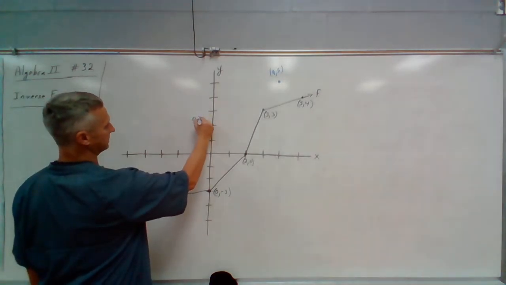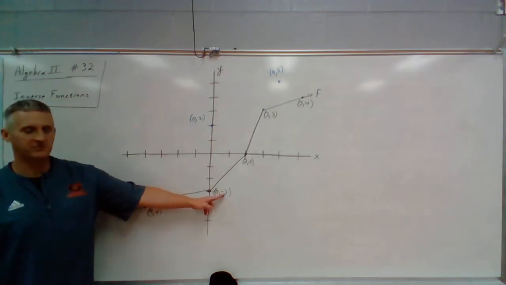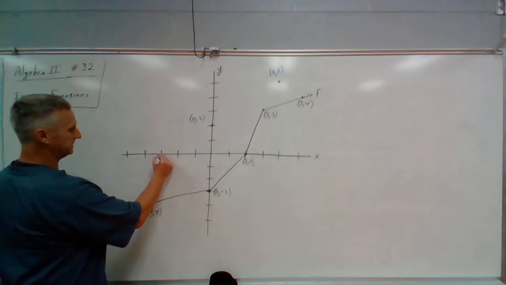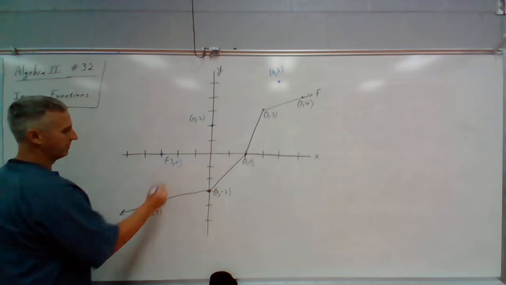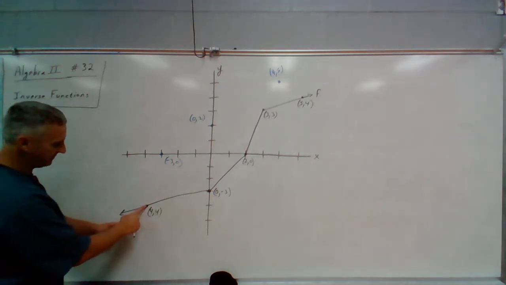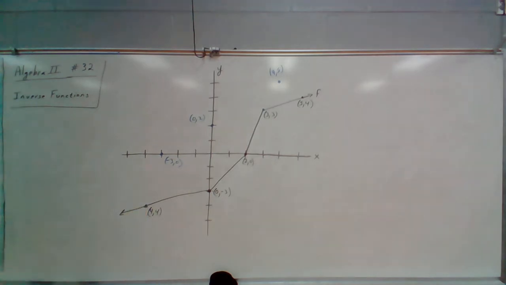On f, you've got 0, negative 3, so on the inverse function you would have negative 3, 0. Should be here. You have the point 4, 4 on f, so on f inverse you would still have the point 4, 4.